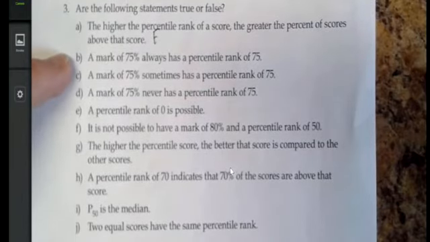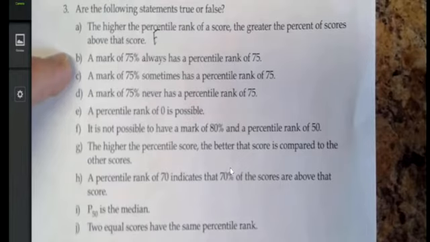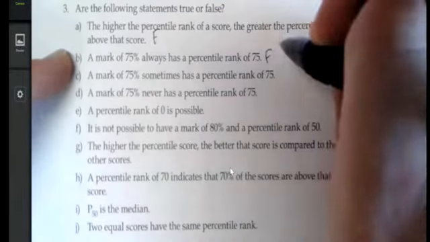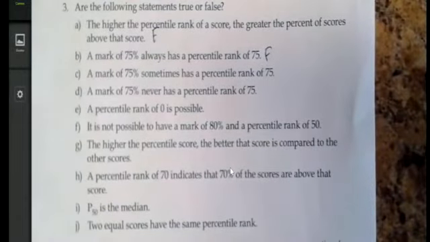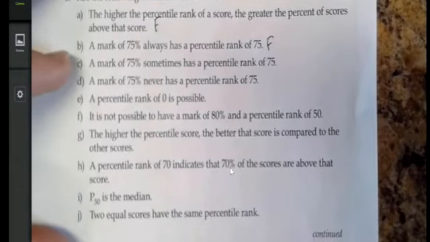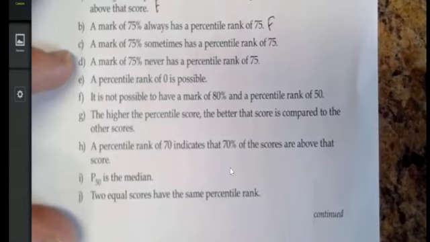A mark of 75 sometimes has a percentile rank of 75. Oh no, sorry, always has a percentile rank of 75. That's false. You can have a percentile rank of 75 with pretty much any mark. It's about how well you did compared to the rest of the people. Sure, it's possible, but always? No. A mark of 75 never has a percentile rank of 75.